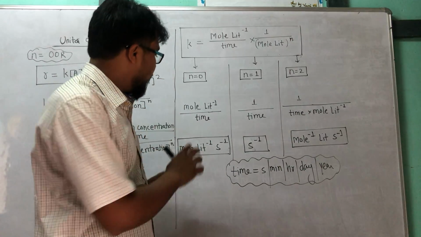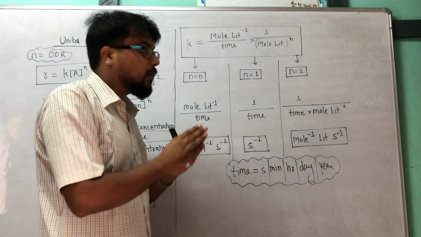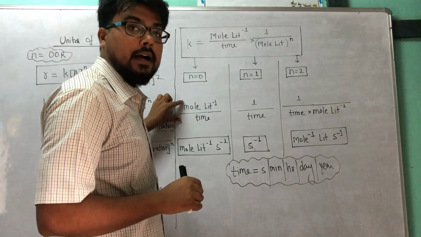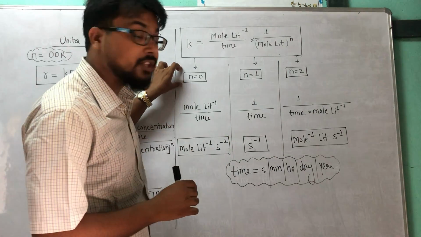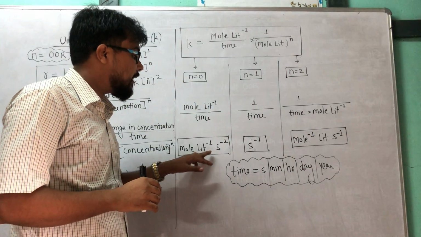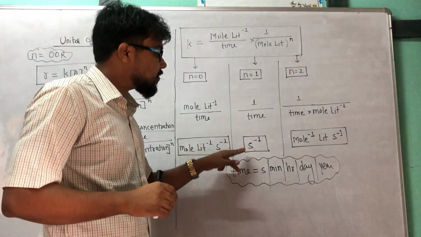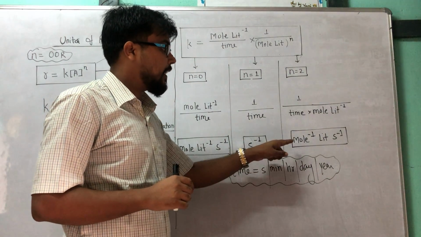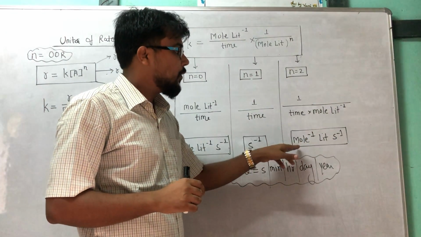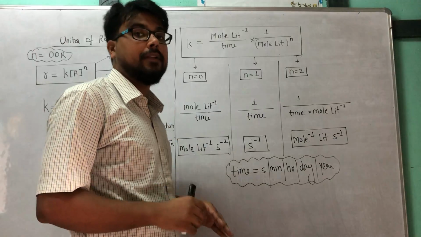So the final formula for the unit of rate constant: for zero order, it is mole per liter per second. For first order it is second inverse, and for second order it is mole inverse liter second inverse.